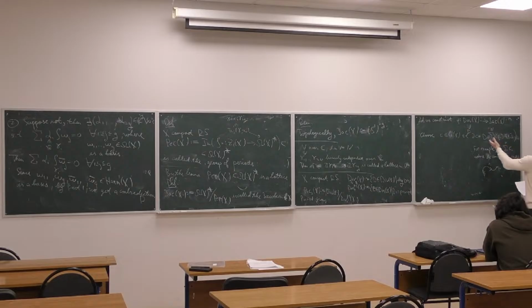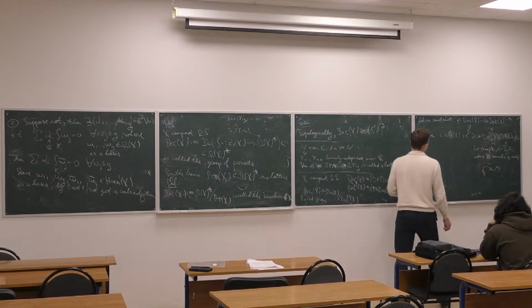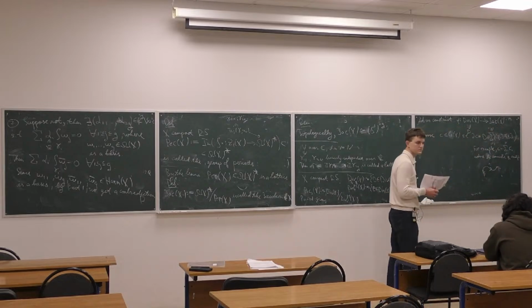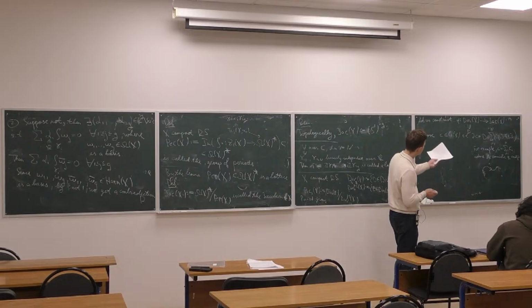Any divisor of degree 0 can be expressed in this way. Since your Riemann surface is connected, you can connect Q_i and P_i, and then take as C this sum of C_i's. But then C was a loop since the beginning? No, C is not a loop. I mean, the boundary of C is the divisor.